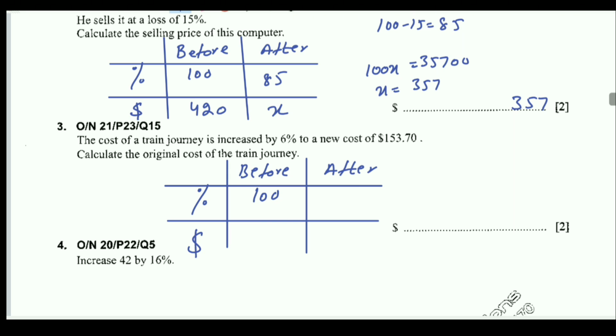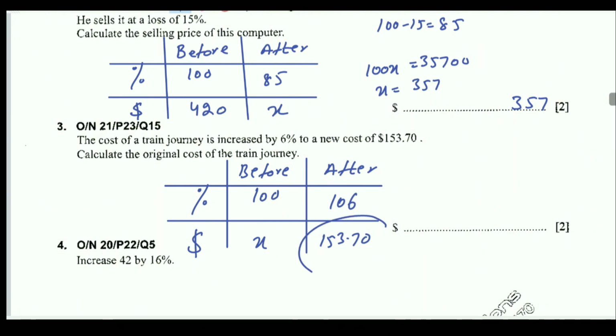So 153.70 goes in, and x is what we have to find. The second thing we have to decide is whether to increase or decrease. The question says the cost is increased by 6%, so 6 will be added to 100, which makes 106. We have to find the original price.